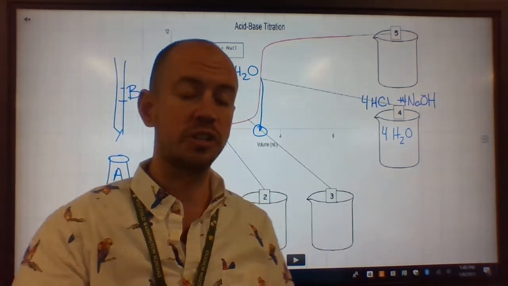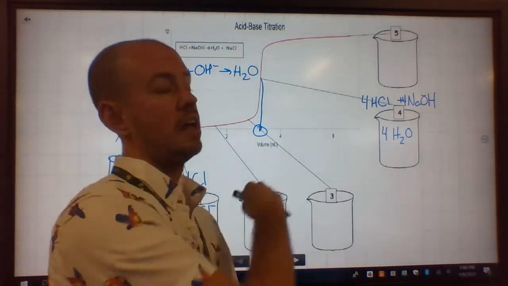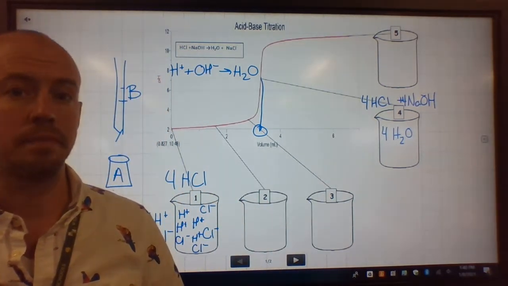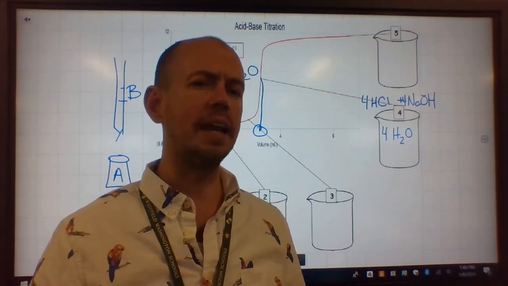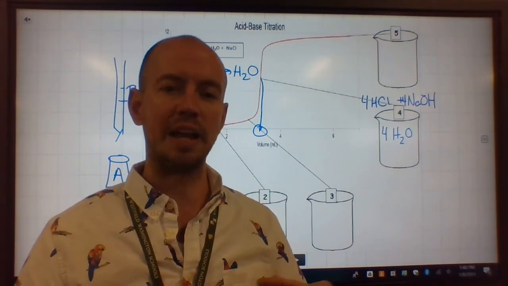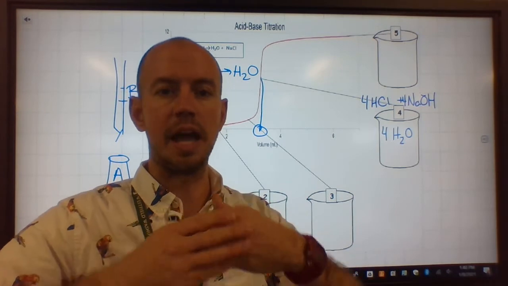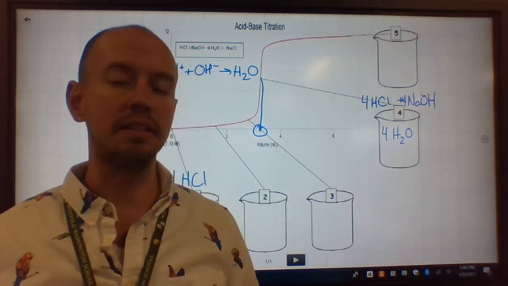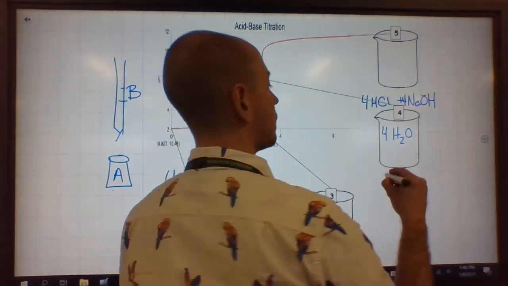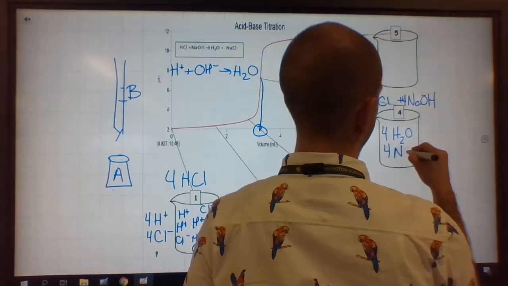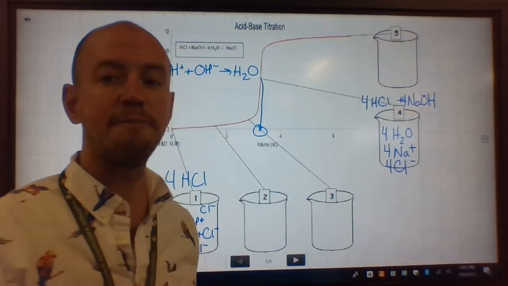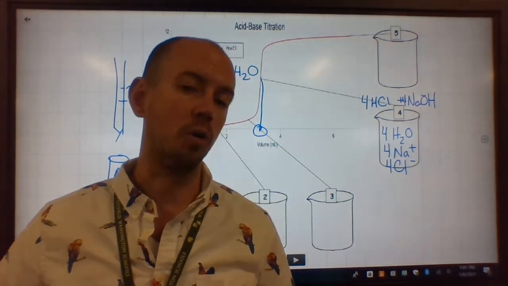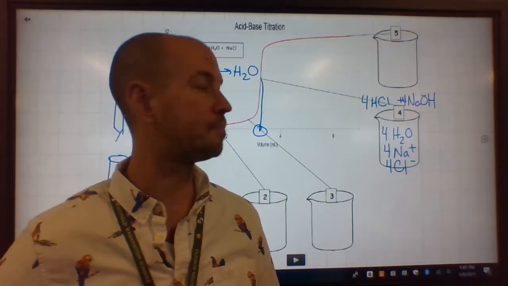And with 4 of each, if that's what I'm thinking about here, there would be 4 waters right there. I would also make 4 NaCl's, but that NaCl is not floating around as bonded together NaCl. If it were a solid that was insoluble, it would be, but because sodium is soluble in all cases, we would have 4 sodium ions and 4 chloride ions floating around in there.